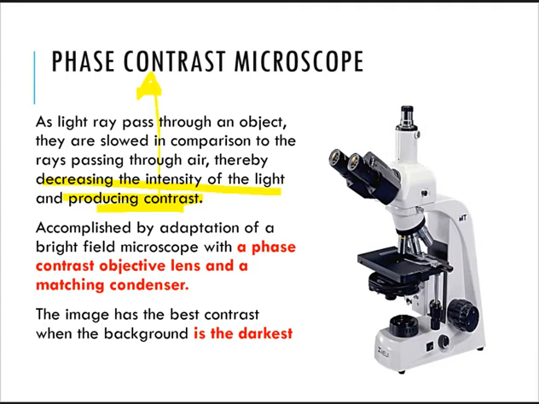The image has the best contrast when the background is the darkest. So they are polar opposites to bright field, because in bright field the background is light, while in phase contrast the background is dark, meaning your specimen is light.